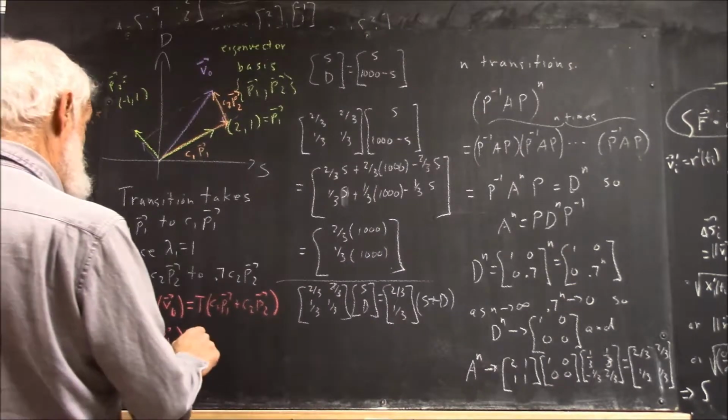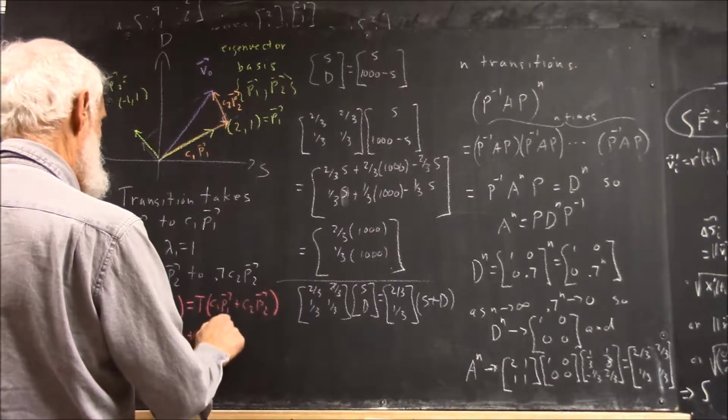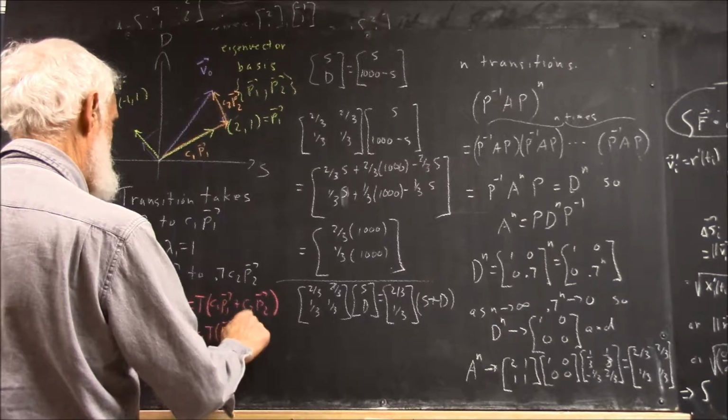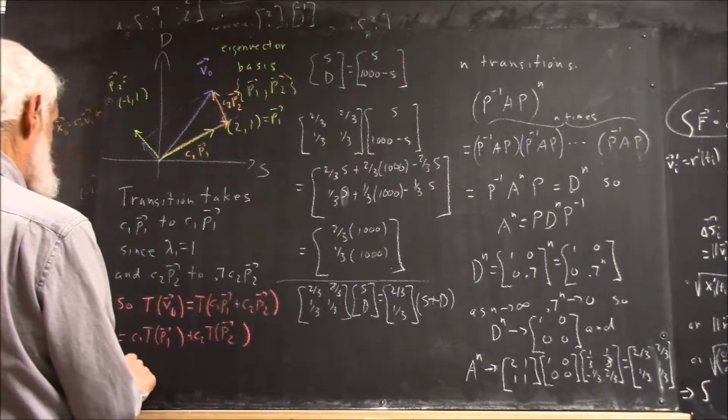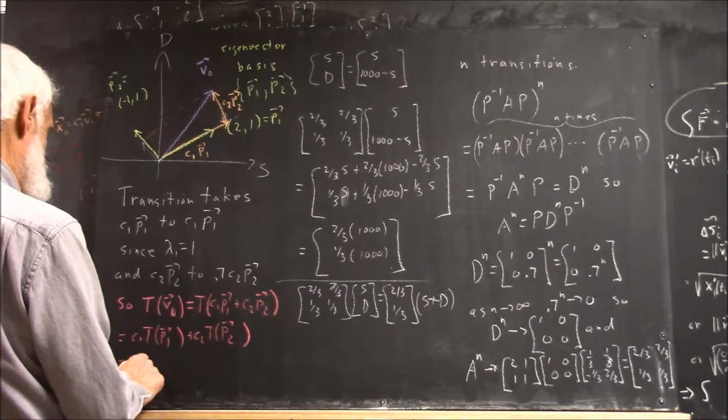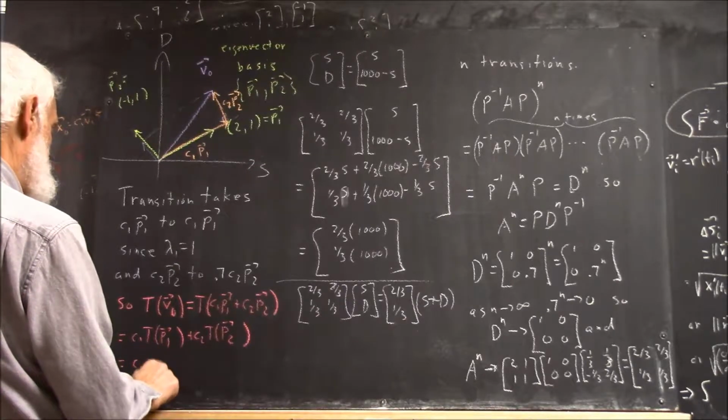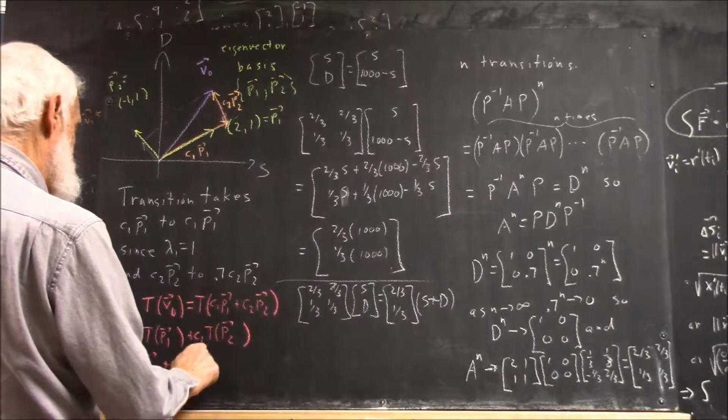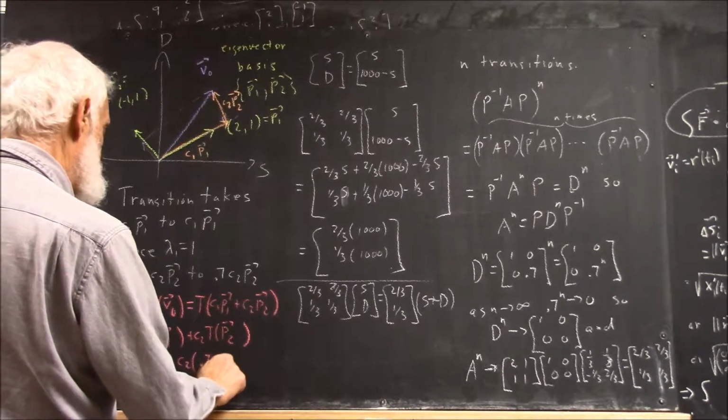Constant multiple. Which is C1 P1 plus C2 times 0.7 P2.